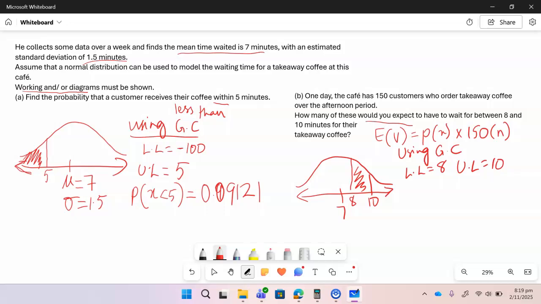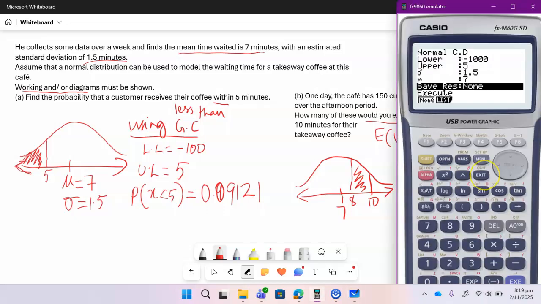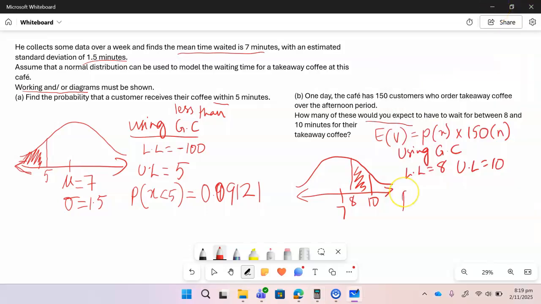So the probability is 0.2297. You don't need to use the symbols; you can just use your words if you want.